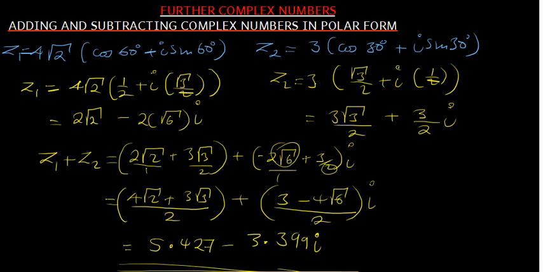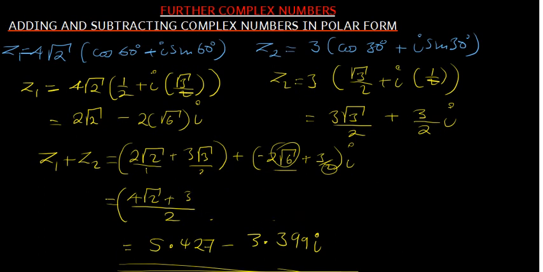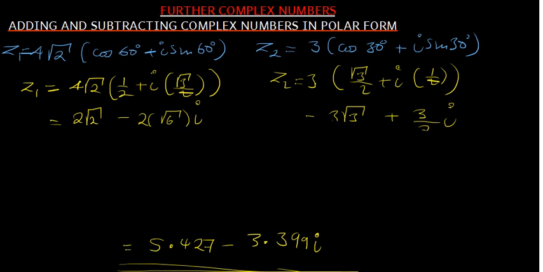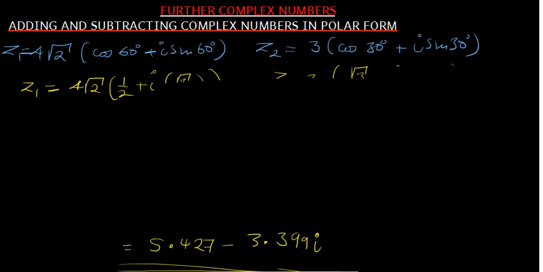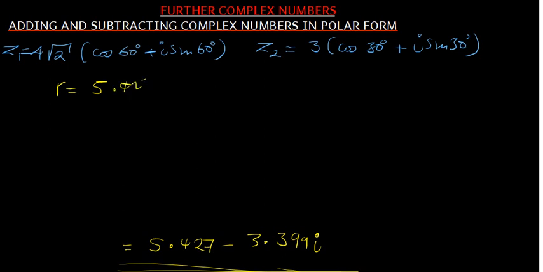Now we want to leave it in polar form. So from here then, what do we do to take it to polar form? We need to write it in the form r cos theta plus i sin theta, and for that we just find the value for r. Finding the value for r, we're going to get the x, this portion, 5.427. We are going to square it, and then we get this value here, which is negative 3.399.